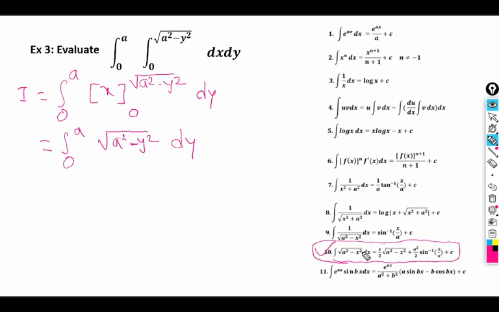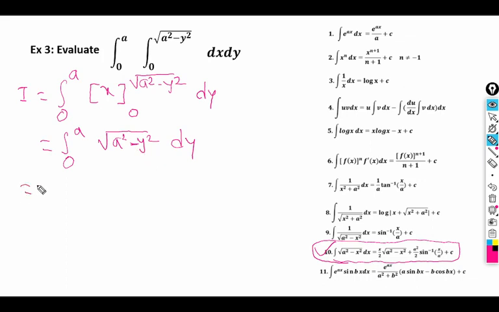So our aim is to get the area of the quadrant of a circle, and the answer will be pi a square by 4. The formula is in terms of x, and we have to write it in terms of y only.